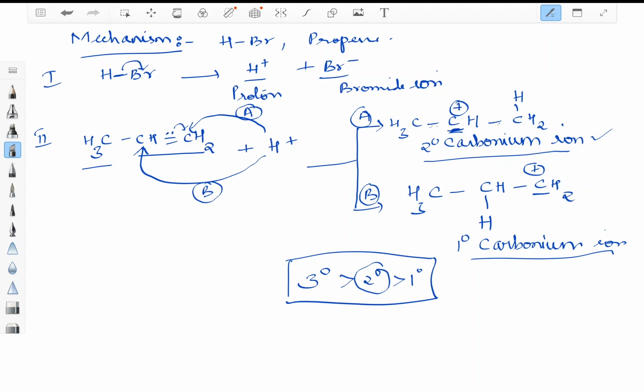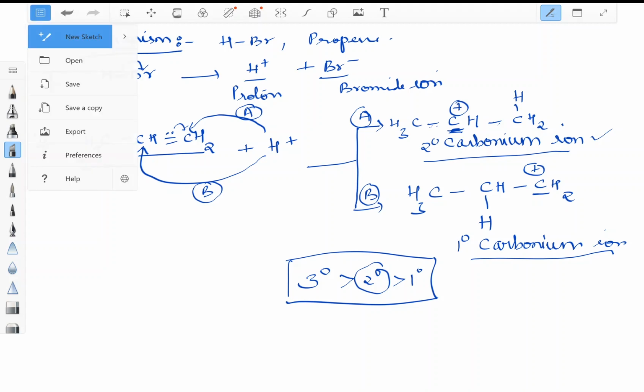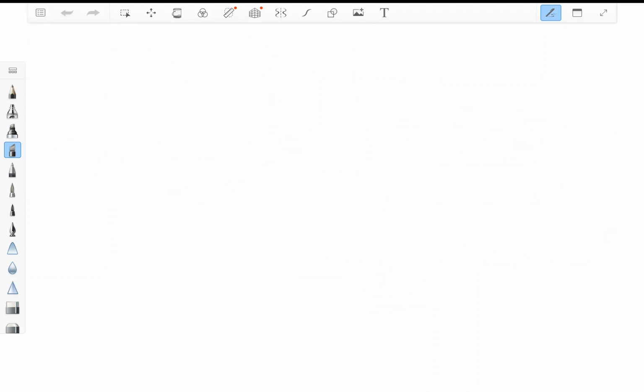So step 2 is that we are going to get two types of carbonium ion. Step 3, the formed carbonium ion, that is CH3 CH with CH3 and positive charge, reacts with Br minus.